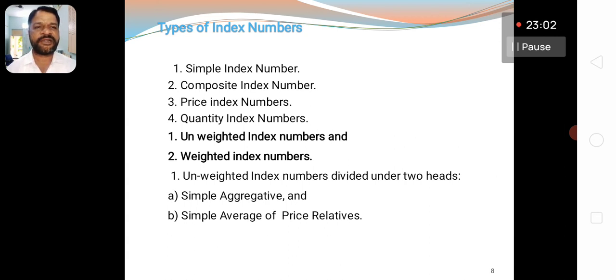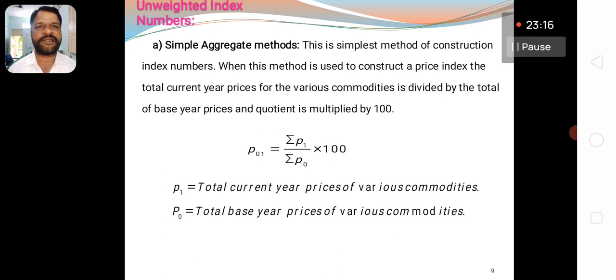Unweighted index numbers we study under two heads: the simple aggregative method and the simple average of price relatives.